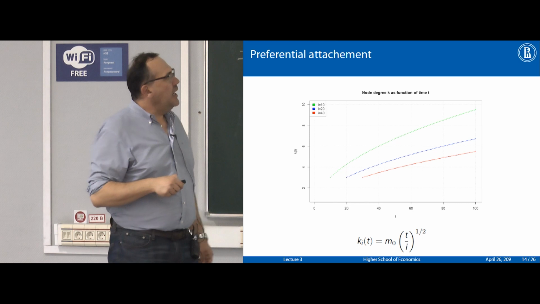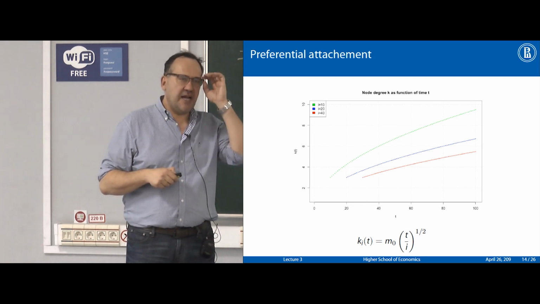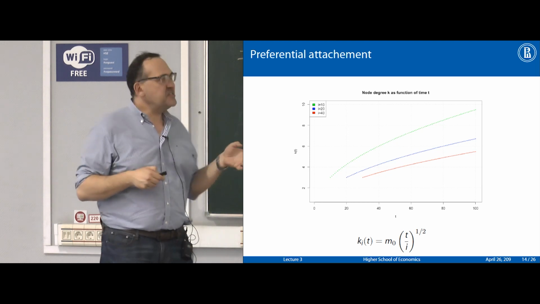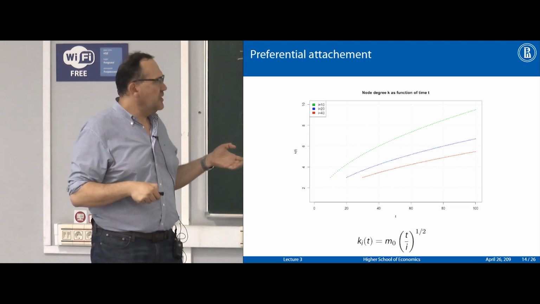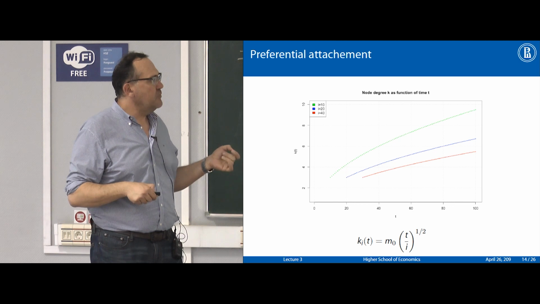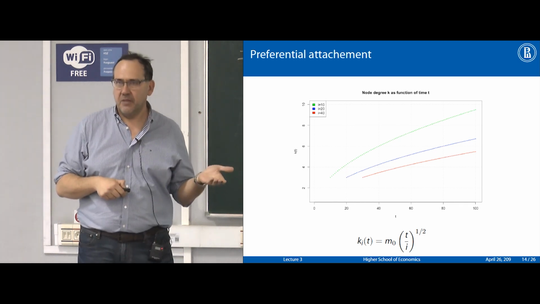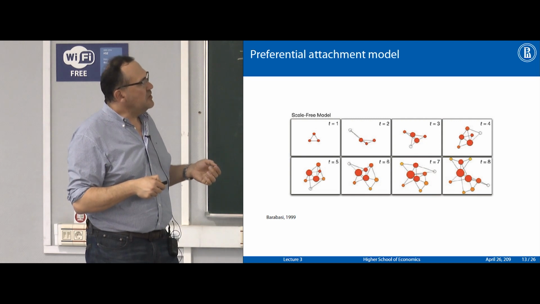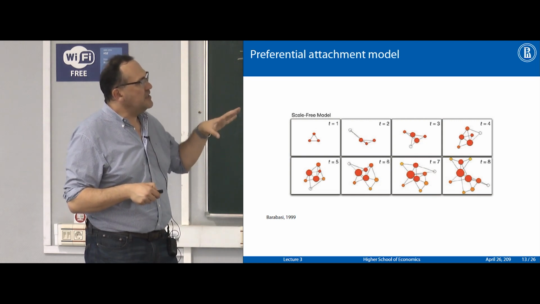Now, what's interesting and kind of sad in this picture is that, of course, you can calculate how node degree will evolve with time, right? Because within this process, a node comes in and connects and connects and connects.